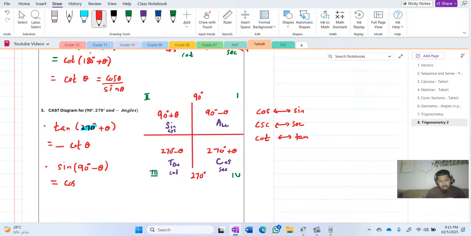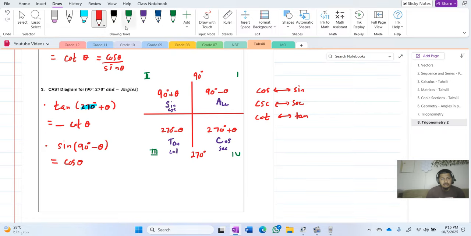Taking another example, what is cosec of negative 90 minus theta? If I have cosec of negative 90 minus theta, we can see the angle is negative, so we're going to add a 360 in here, right, and make it look like one of our CAST diagram angles.